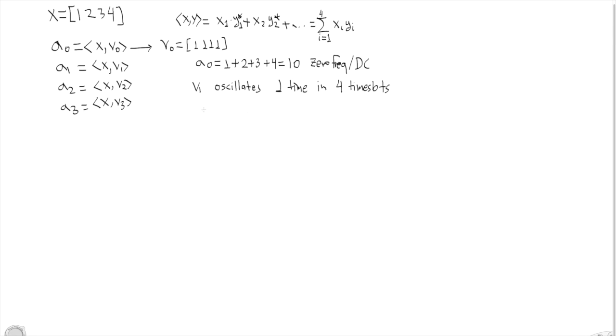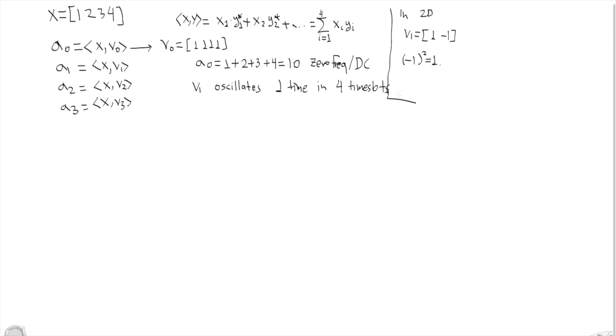Now, before, when we had a 2-dimensional signal, we wanted something that oscillated once. So let me just do this here in 2 dimensions. In 2D, our V1 was simply the vector 1, minus 1, because this had a nice property that it oscillated exactly once in 2 time slots, because minus 1 has a nice property that minus 1 squared is equal to 1.